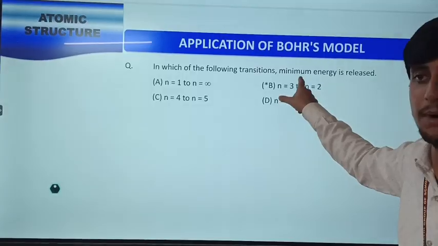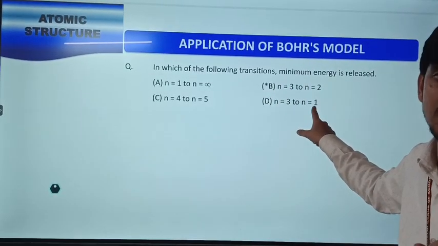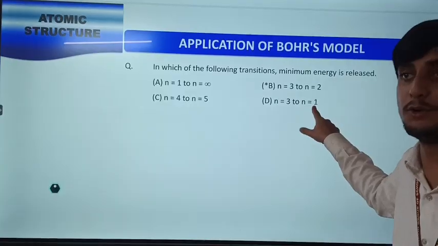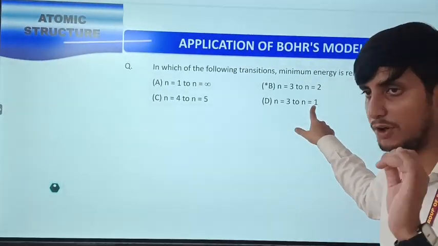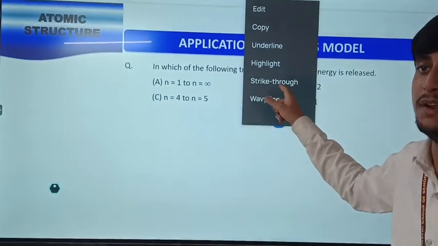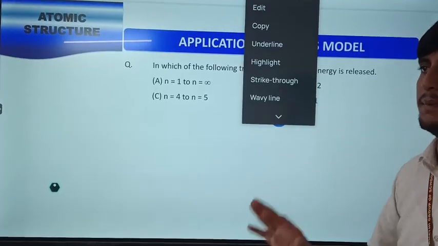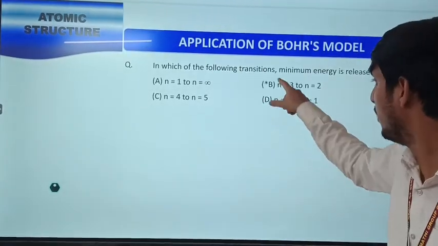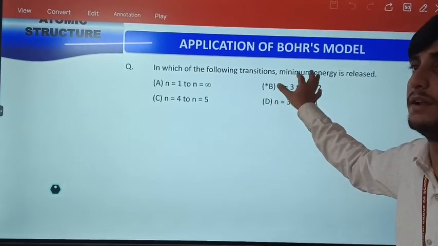Then we ask for the minimum. n equal to 1 means it moves near to the nucleus, so more energy is released. n3 to n2 means away from the nucleus, so minimum energy is released compared to this. Both are correct, but the minimum energy is in this one.